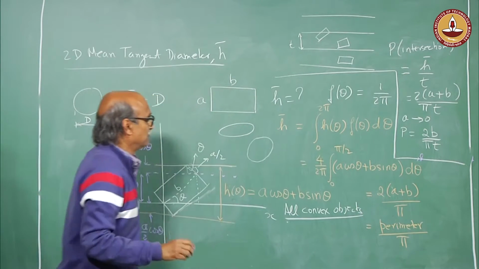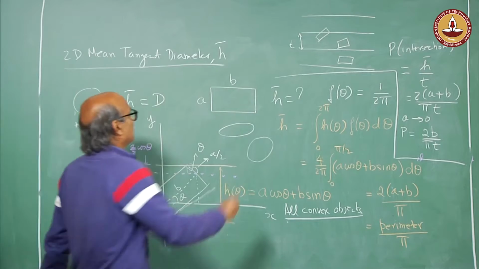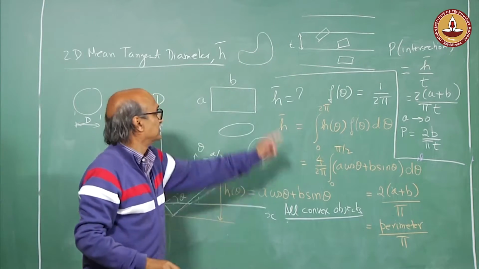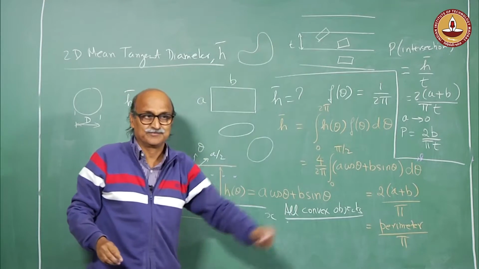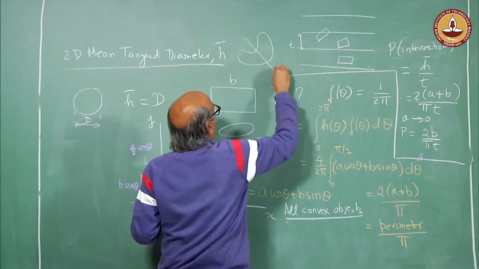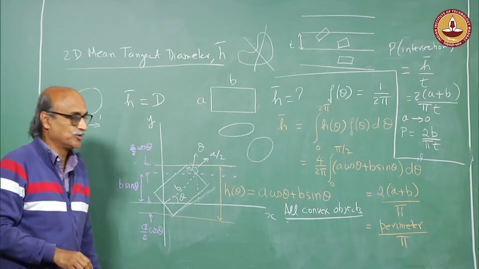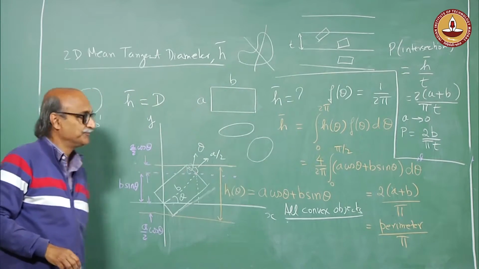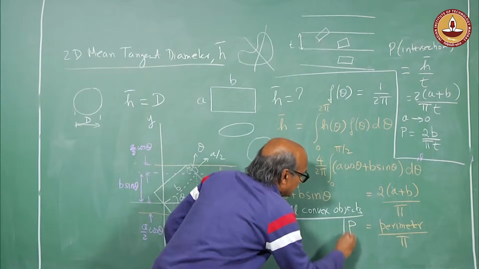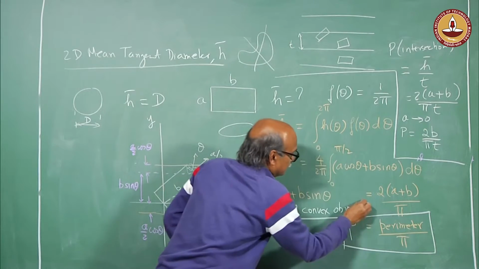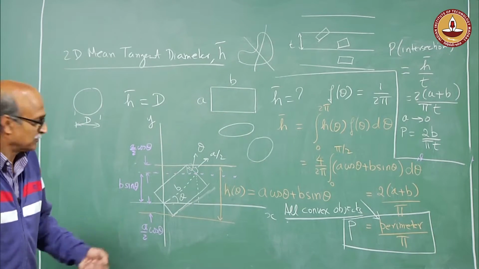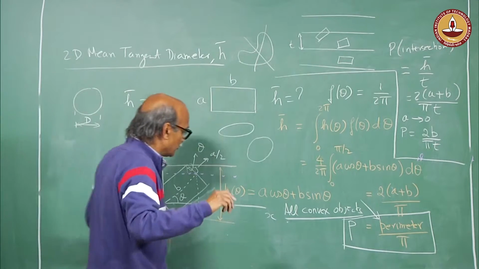So, for all convex objects, first of all, what are convex objects? Well, for example, this is not a convex object because it has some concavity. So, I am not talking about objects like this, I am talking about only convex objects. This is a general result, and it can be proved in a very general way, but we will not try to prove this in this course.